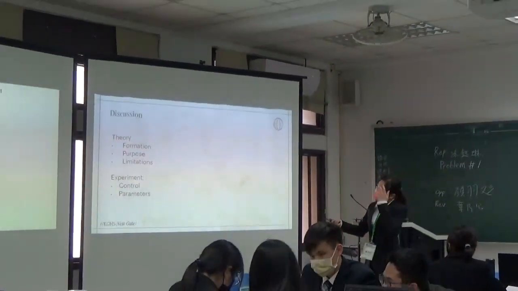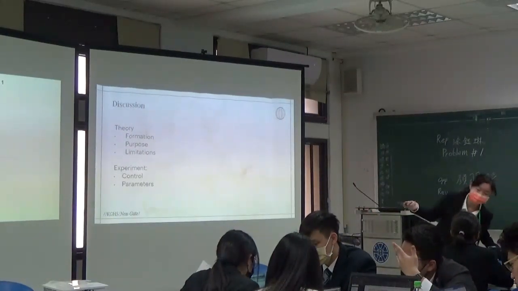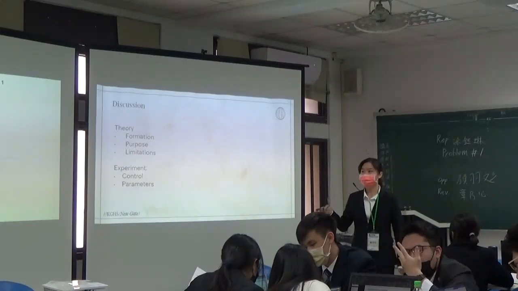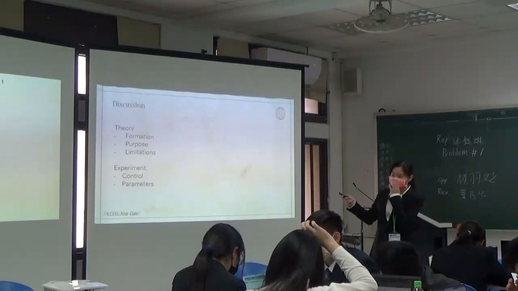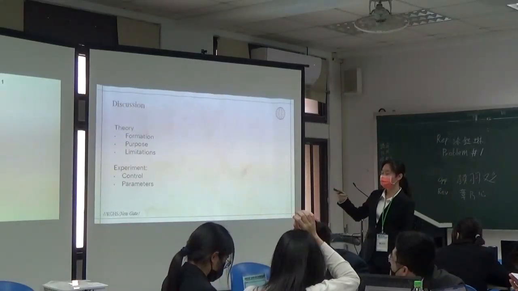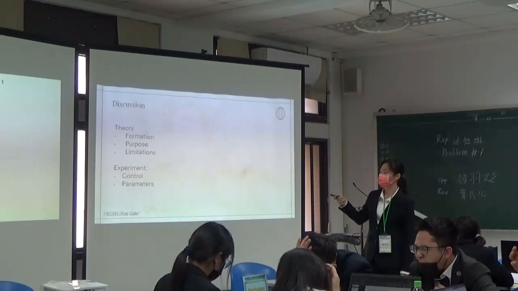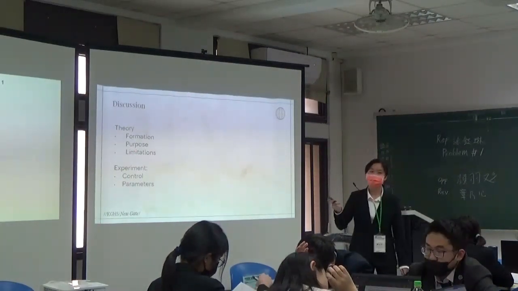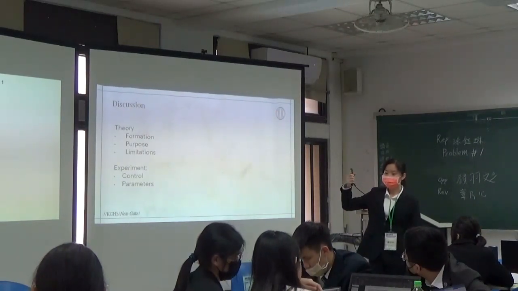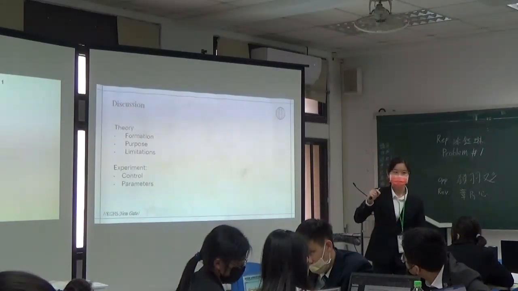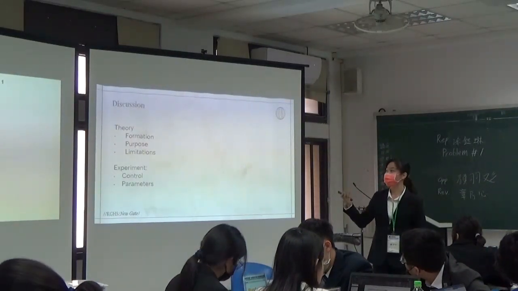About the formation, we had a great discussion about it. And about the purpose, we found out that the reporter has a relation between their theory and their experiments. And about the limitations, we talked about their experimental equipment, and we found out that if they use a pipette and press it at a very fast speed, then it would affect their results.